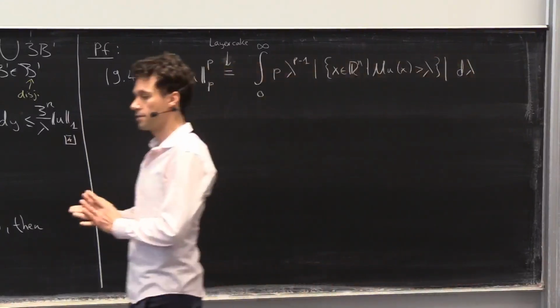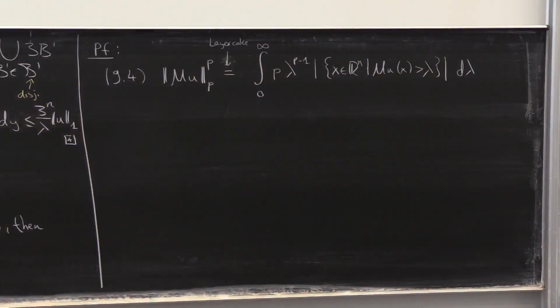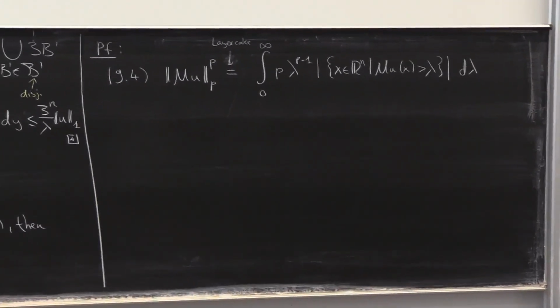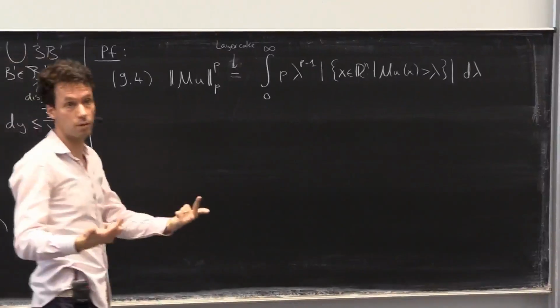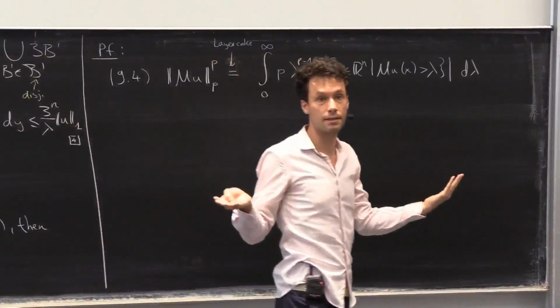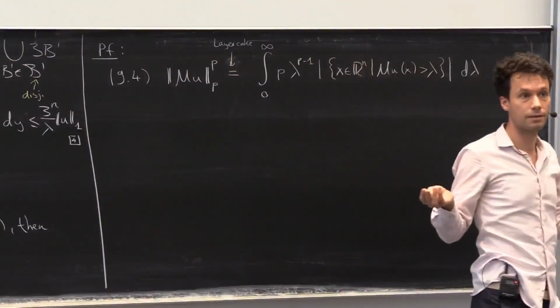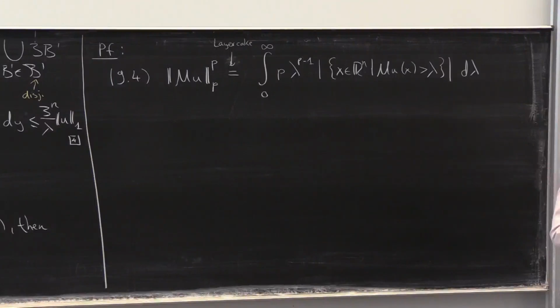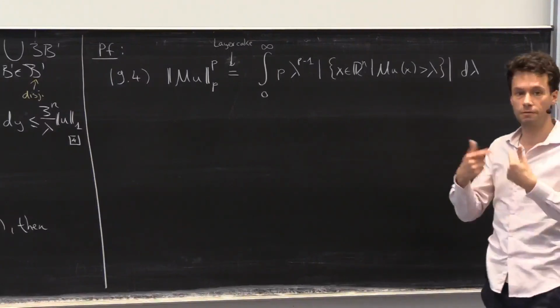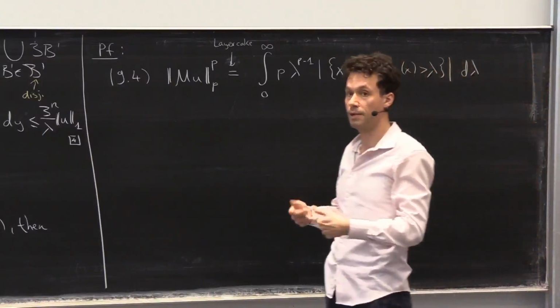All right, so we're not going to get away with that, because good control on these super level sets comes under the assumption that u is L^1, but now u is L^p, and p is bigger than 1. So what's the issue going from L^1 to L^p?